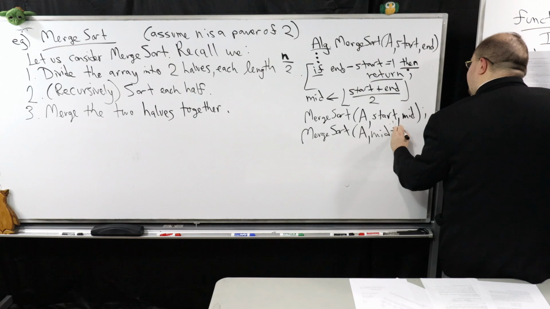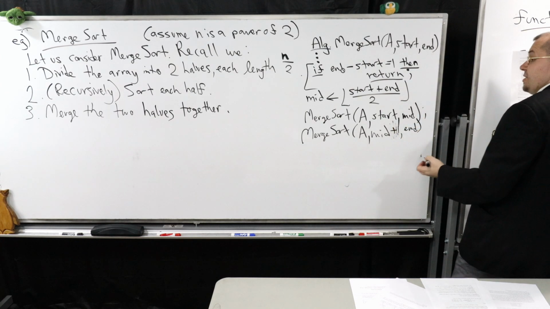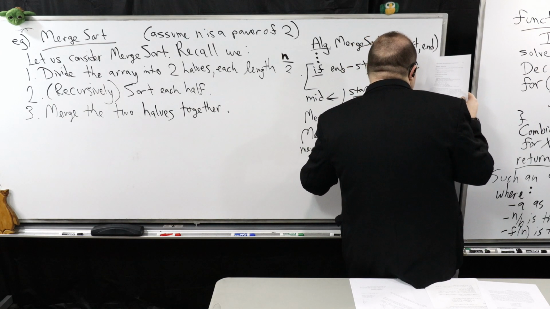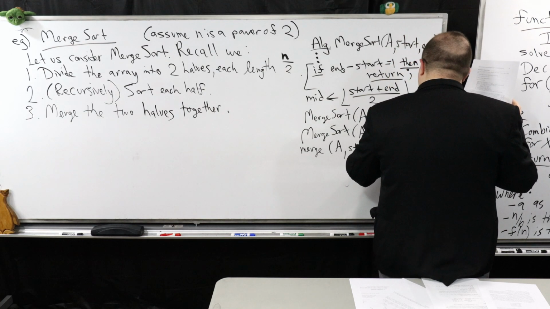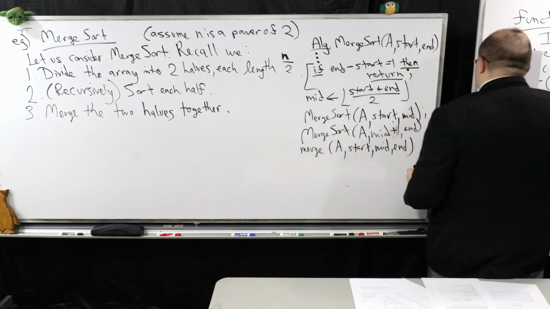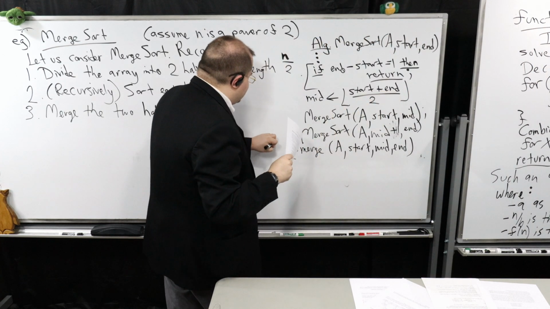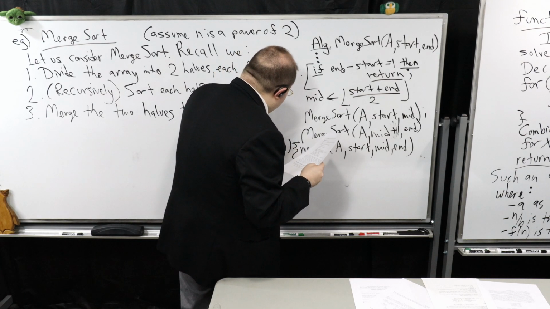It's mid plus 1 to end. And then I just have this merge subroutine. Merge, which takes A, start, mid, and end. The point here is that this merge part, you can show that this takes big theta of n.